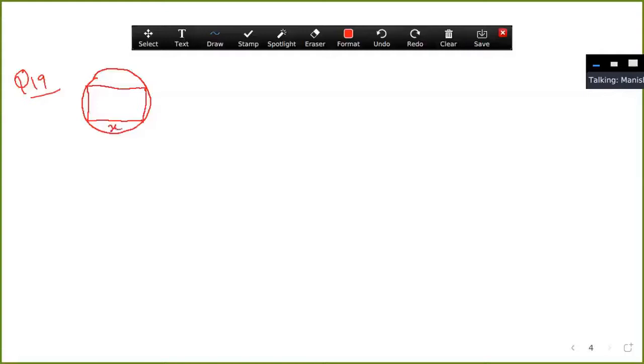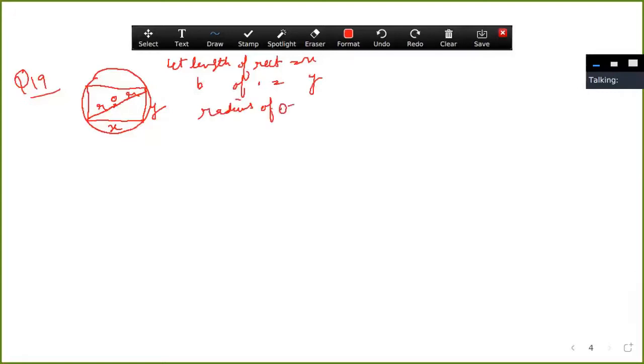Suppose the length and breadth are x and y, and suppose this is the center of the circle, and this is O. Write down O, it is R, this is also R. Okay, now consider a rectangle of length x and breadth y. Let the length of the rectangle be x and the breadth of the rectangle be y, radius of circle is r.